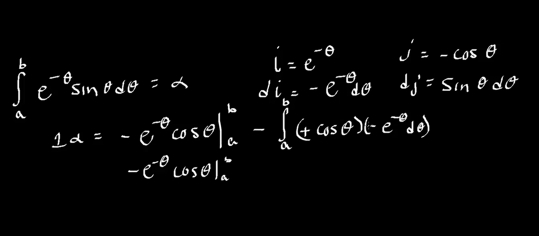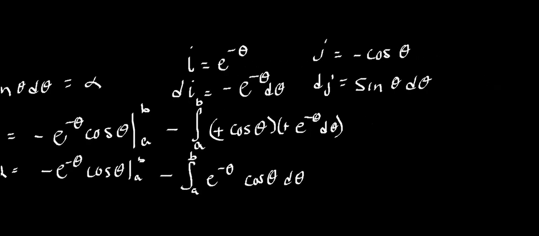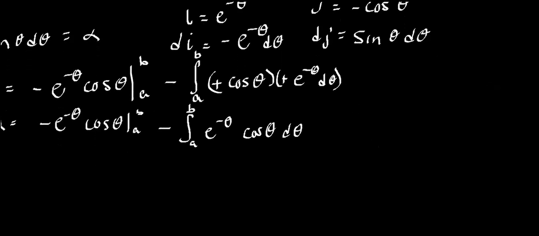These minus signs cancel, and so you get minus the integral from a to b of e to the minus theta cosine of theta times d theta. Okay? So this is your new integral, and that's, of course, equal to 1 alpha, where alpha is this guy over here. Let's do another substitution. We got to pick new letters.